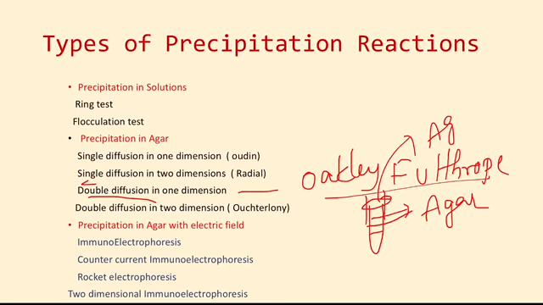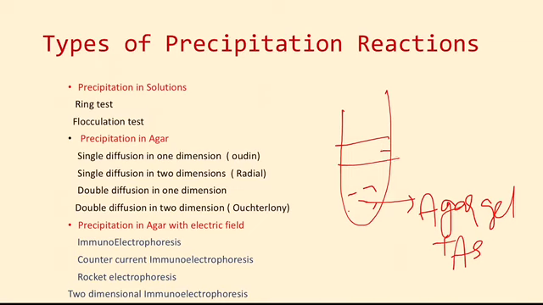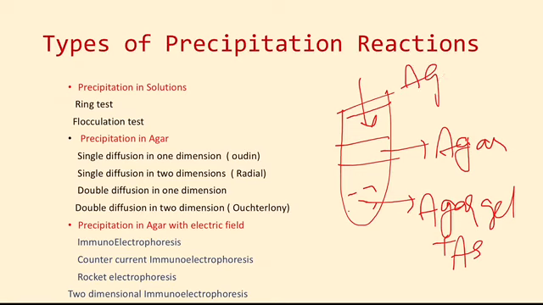Now the antigen and antibody move towards each other through this column of plain agar, and form a band of precipitate where they meet at the optimum proportions. Antigen and antibody both diffuse, which is why this is called double diffusion.